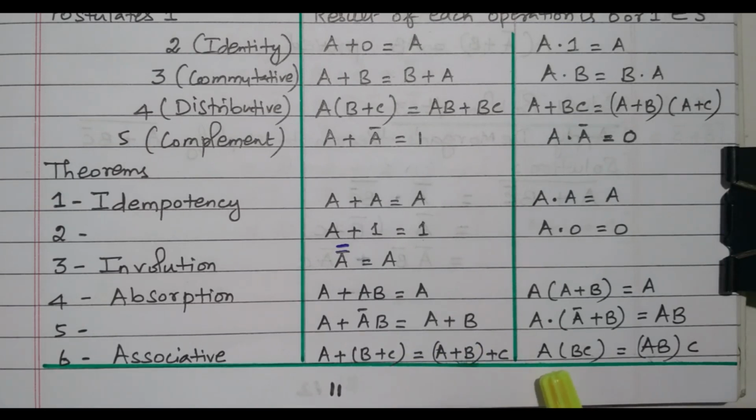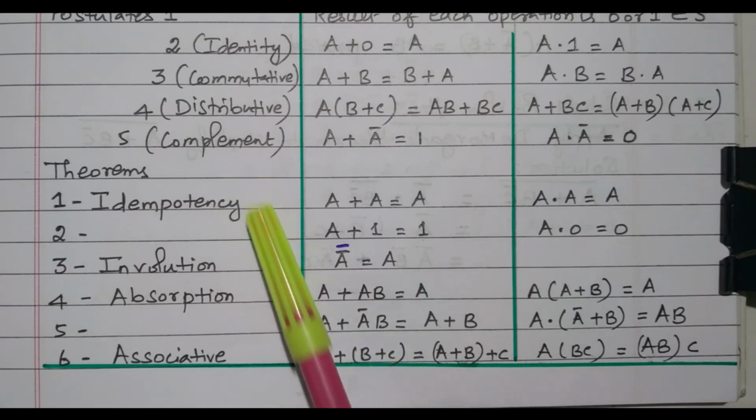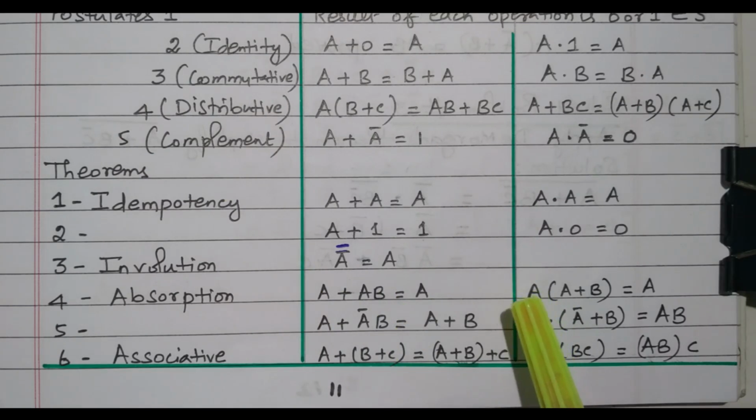Similarly, A into (BC) equals (AB) into C. B and C are multiplied and then multiplied with A, otherwise A and B are multiplied and then multiplied with C. Both give the same value. This comes under the associative law. So there are 6 theorems available, and while solving problems it will be easier. All six theorems and all 5 postulates are given in a single tabular column.